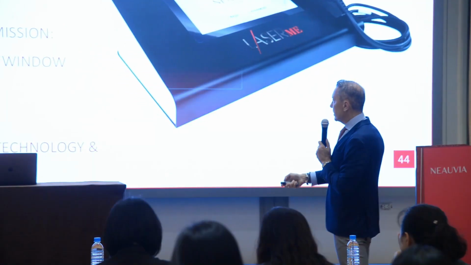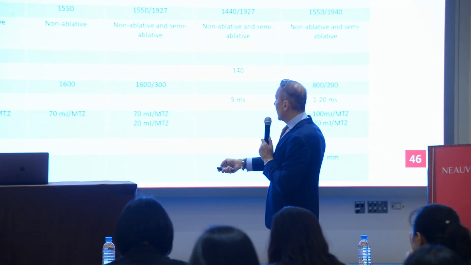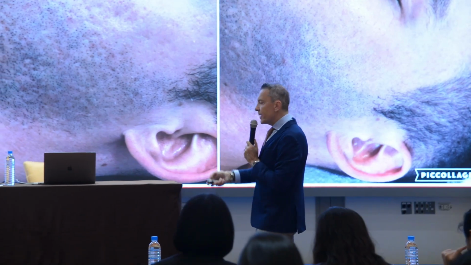Just to finish the session on this laser, I want to show you some before and after scars, like the one you have seen. And the results you get are much better than with the CO2 or Erbium. Because as you have seen from the histologies, we are getting 400, 500, 600 micron depth.